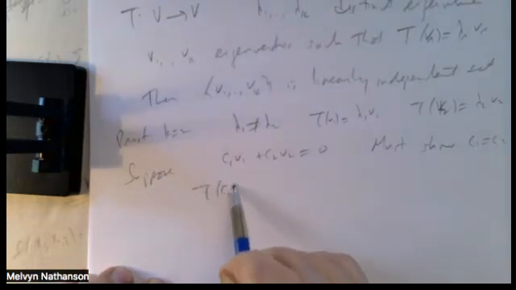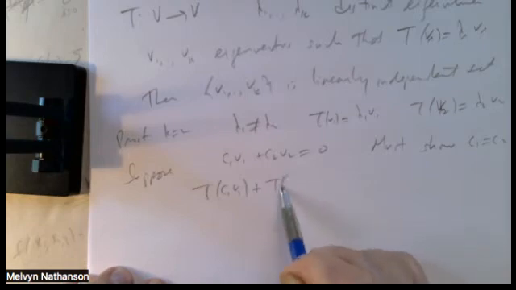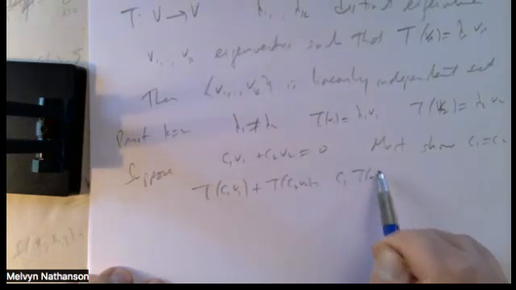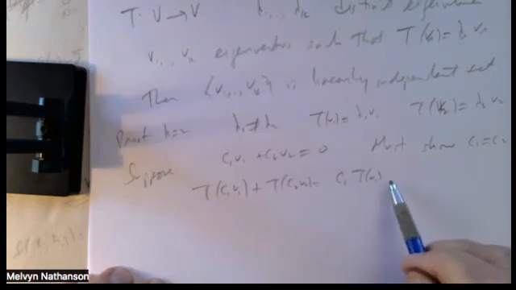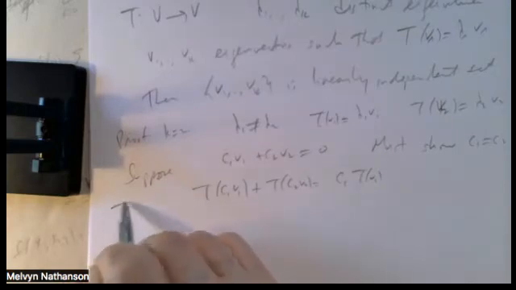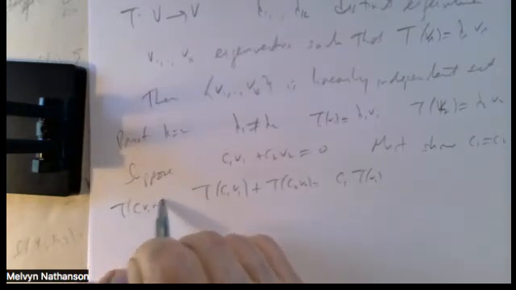But T of c_1 v_1 plus c_2 v_2 is T of c_1 v_1 plus T of c_2 v_2, that's c_1 T of v_1 plus c_2 T of v_2.